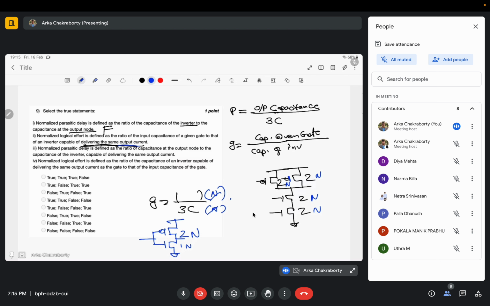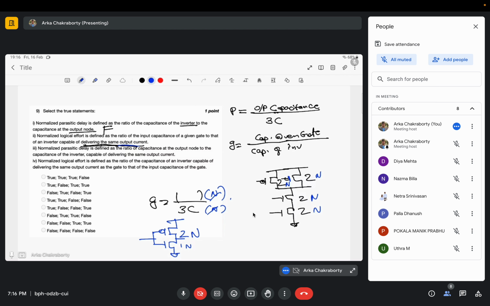So the g value doesn't change if I have an architecture and a design and I'm simply scaling all the values, like I'm scaling all the w's, my net logical effort will not change. This can also be understood as, with scaling, my resistance is decreasing but my capacitance is increasing. Resistance is decreasing by a factor n, but at the same time my capacitance is increasing by a factor n.